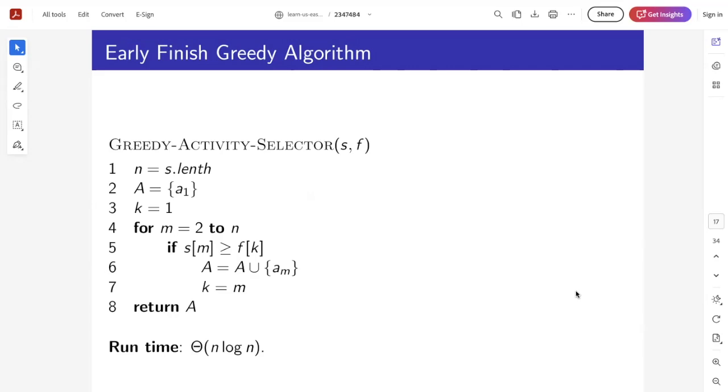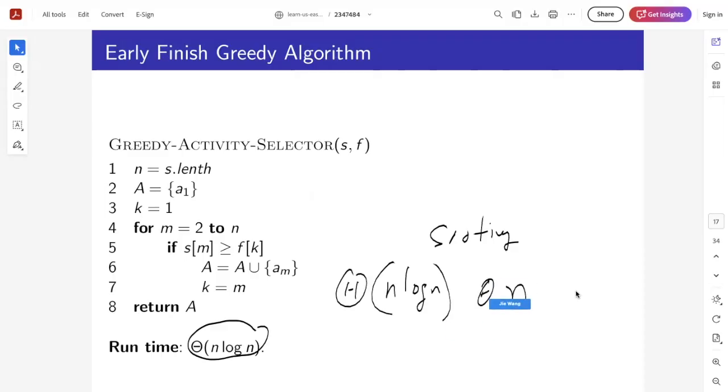In this activity selection problem, we first need to sort by finish time, and that in general would take n log n time. After that, it will be linear. So this is n log n for sorting, and then greedy selection is linear.